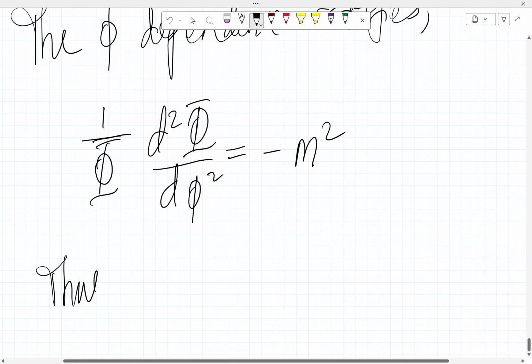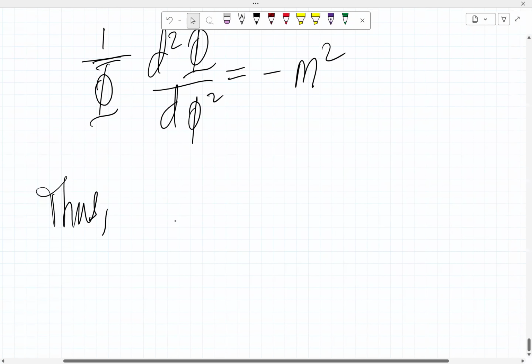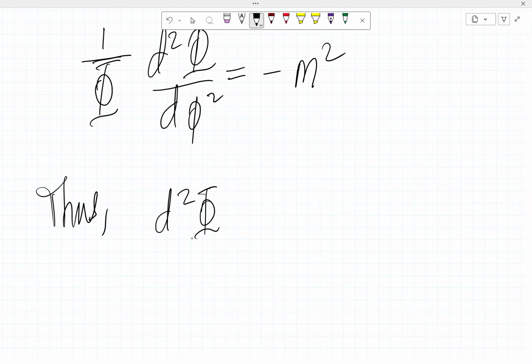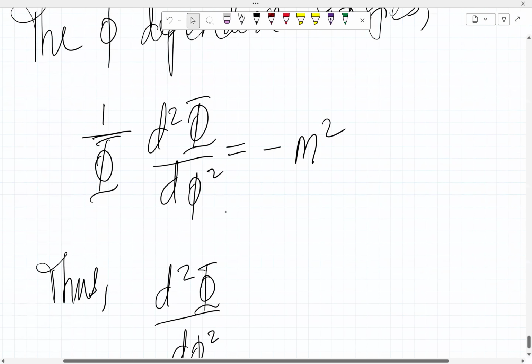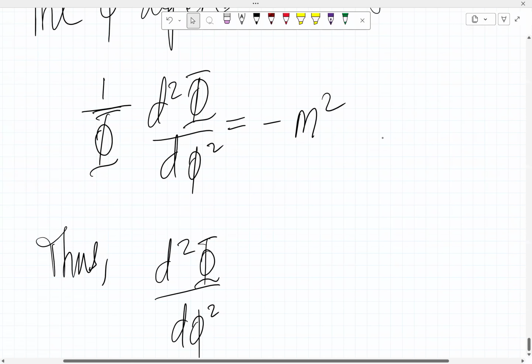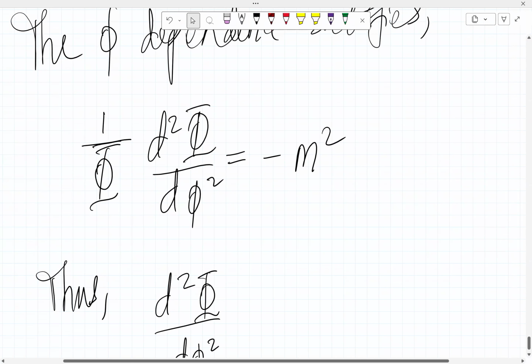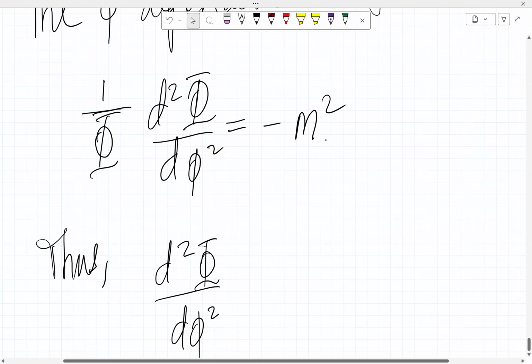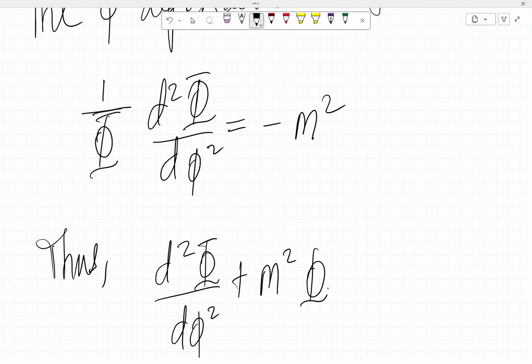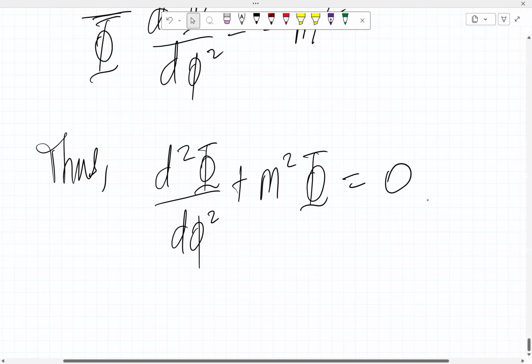Thus, just the normal thing we do for separation of variables, we begin to form different equations with each of those. So we have d squared Phi over d phi squared equals minus m squared Phi. If you bring it over, that's d squared Phi over d phi squared plus m squared Phi equals 0.